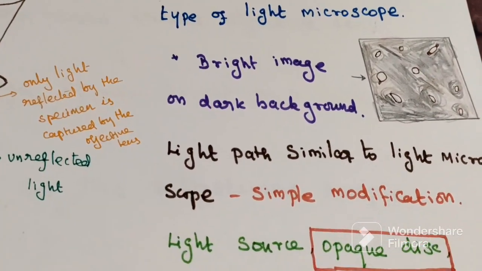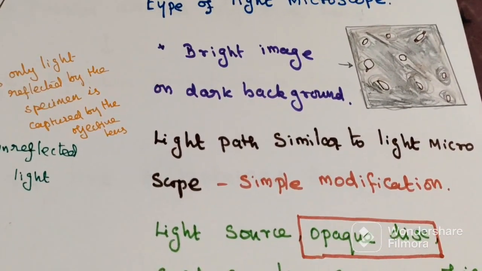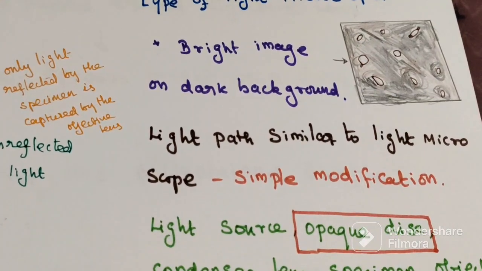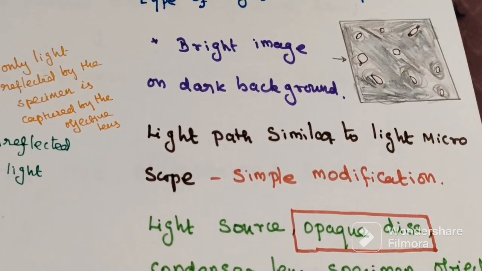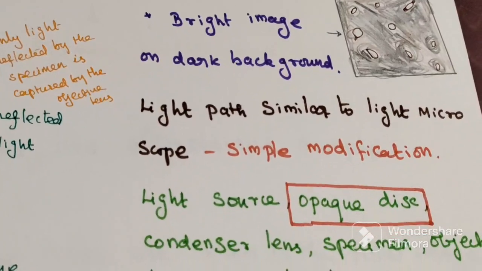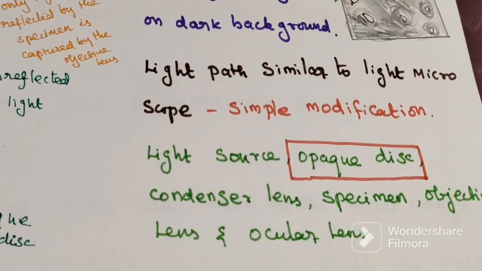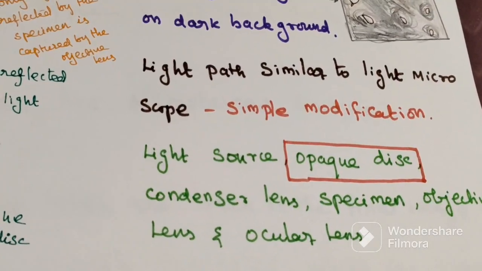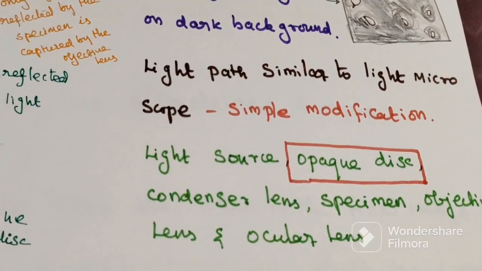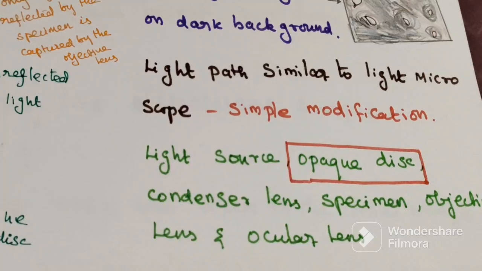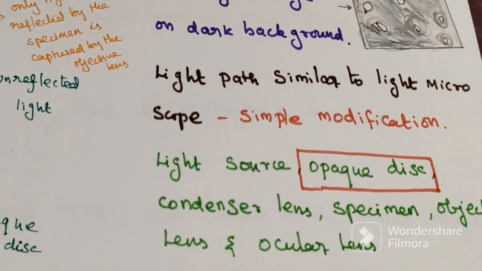The light path of a dark field microscope is similar to an ordinary light microscope, with a simple modification. The light path consists of a light source, opaque disc, condenser lens, specimen, objective lens and ocular lens.